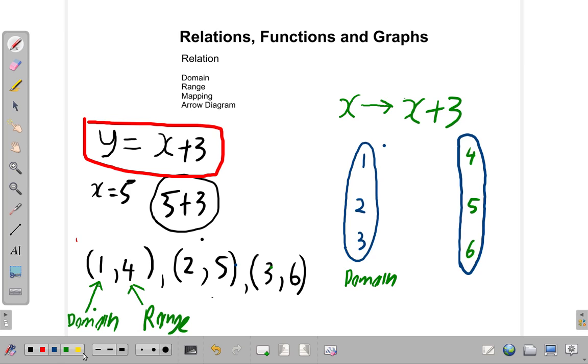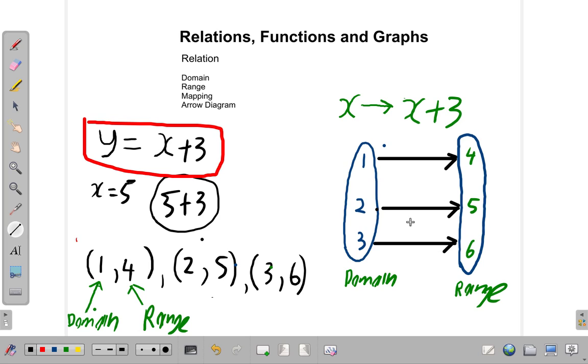Now, these values over here, you call them the range. Now, you want to show which number maps onto which. So you say 1 is mapped onto 4. 2 is mapped onto 5. 3 is mapped onto 6.